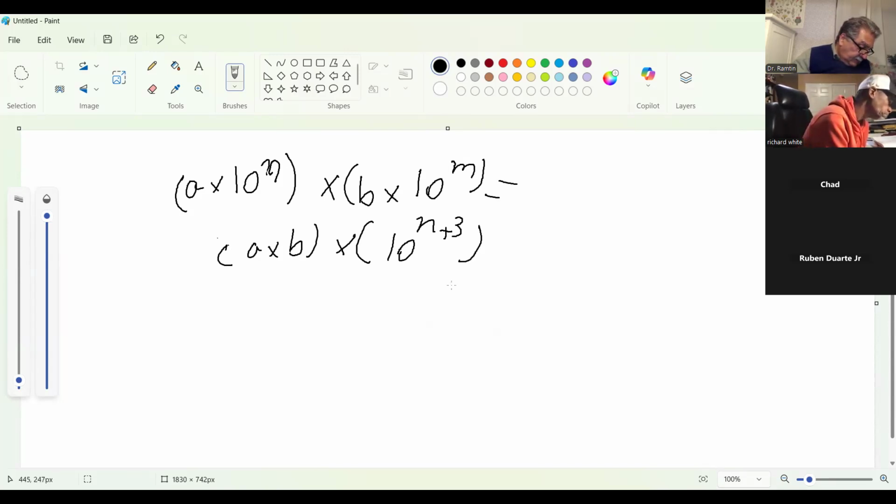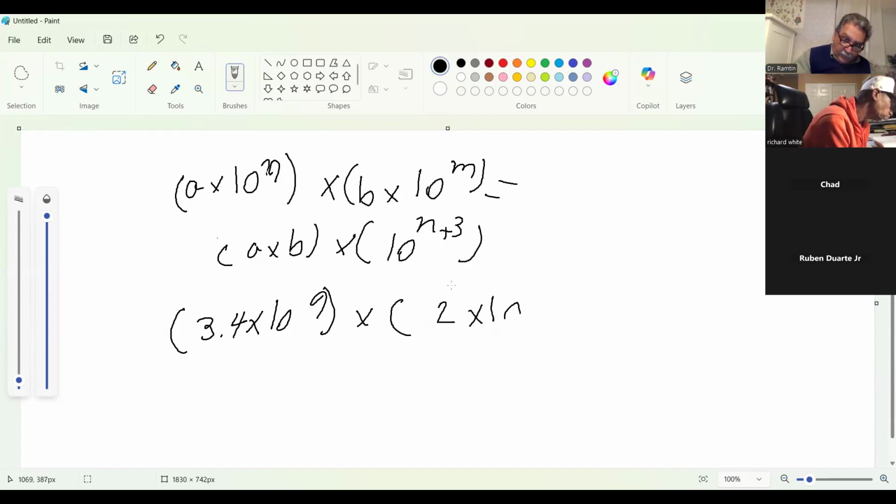So it gives you an example. Example number 6. We have 3.4 times 10 to the power of 9, times 2 times 10 to the power of minus 5.